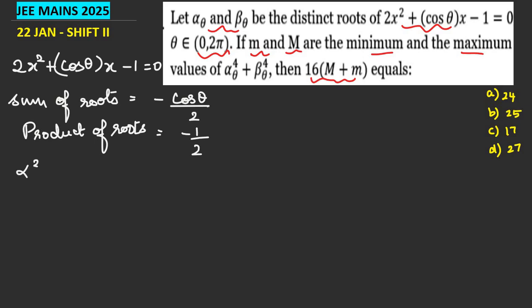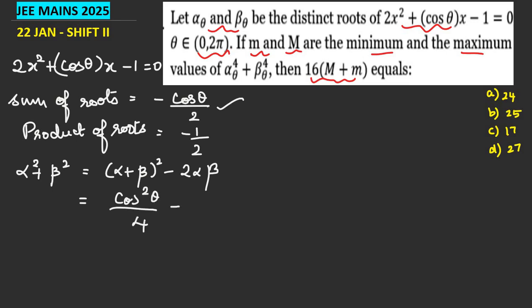Now let us find α² + β², which is equal to (α + β)² − 2αβ, which is equal to (−cos θ/2)² − 2 times (−1/2), which gives us cos²θ/4 + 1.